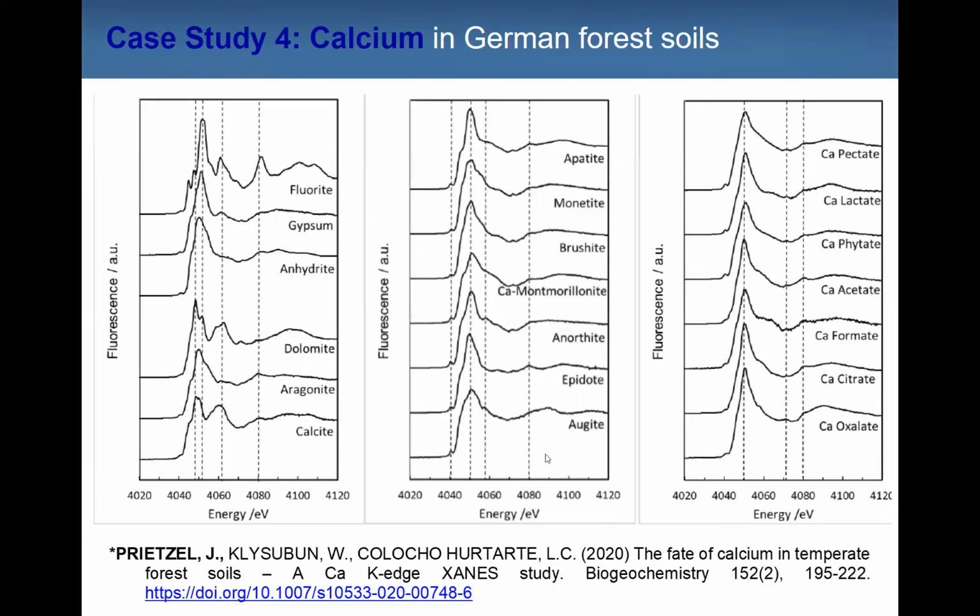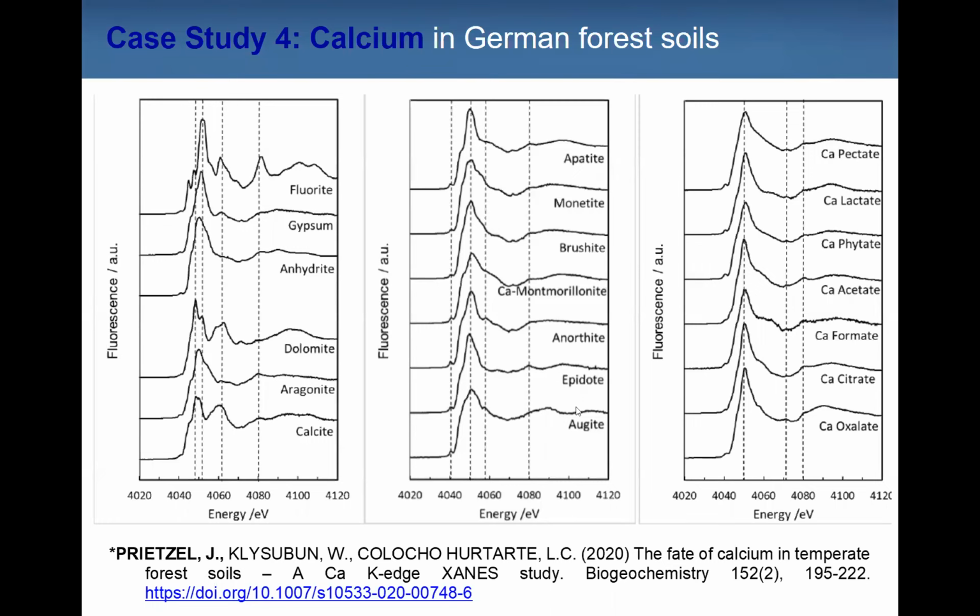And you can also differentiate other calcium minerals which are present in soils. Calcium phosphate, we know it from the phosphorus side, the apatite. These are other calcium phosphates, which all have, again, this post-edge feature. As for phosphorus, there's also some feature for calcium.